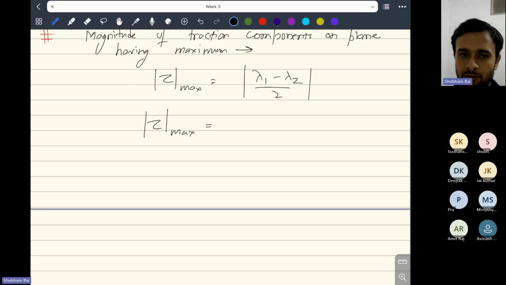So now you will have lambda 2 minus lambda 3 divided by 2.